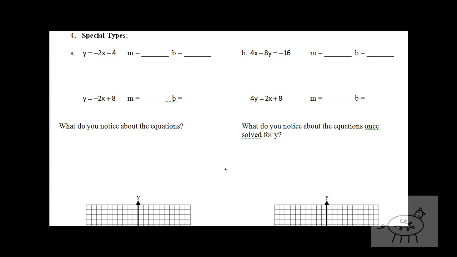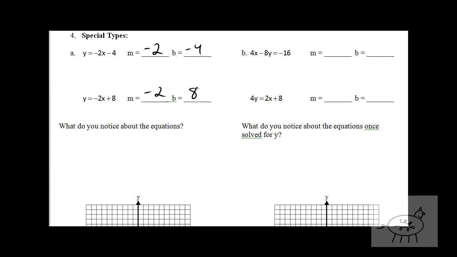So the last part of the lesson, math fans, is we've got special types of equations. Let's just graph them. This first one has slope negative 2 and b is negative 4, and this one has slope negative 2 and b is 8.